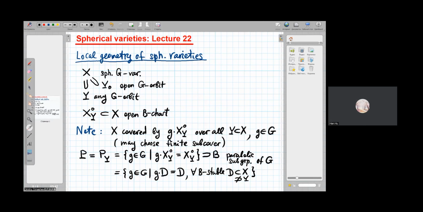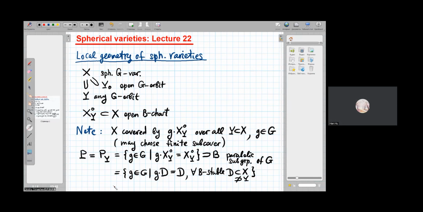Now let me come back to this line. This parabolic subgroup P preserves the open B chart and may only permute the irreducible components of the complement, which are these divisors D. But it is well known that each parabolic subgroup is connected. So it cannot permute the irreducible components of the complement of the B chart. It has to preserve them all. So this condition has to be satisfied, and this parabolic subgroup is the common stabilizer.